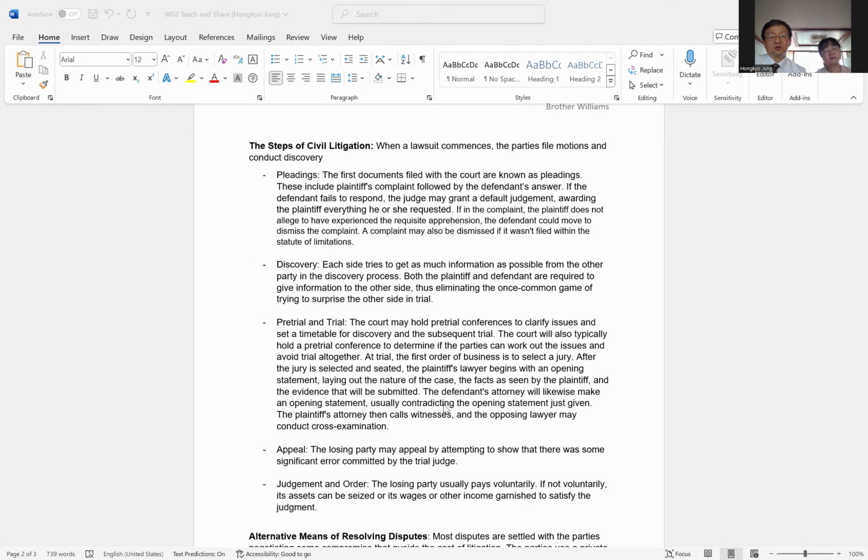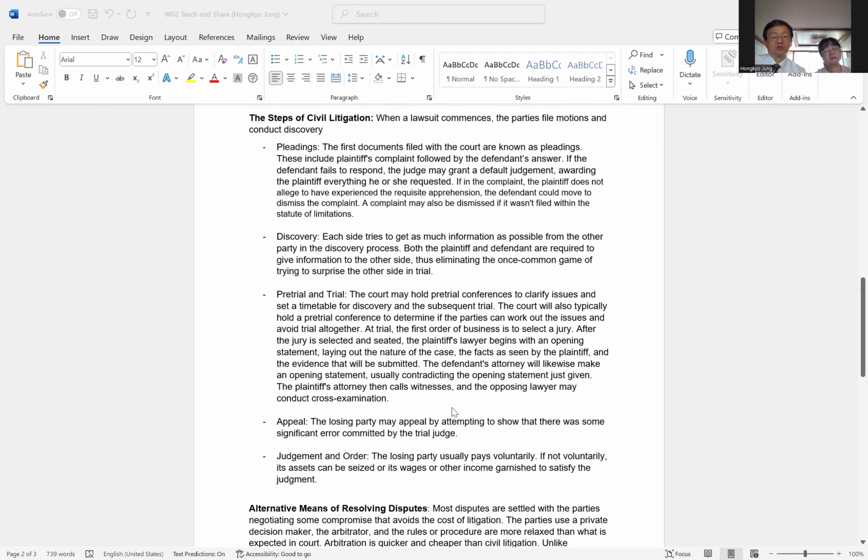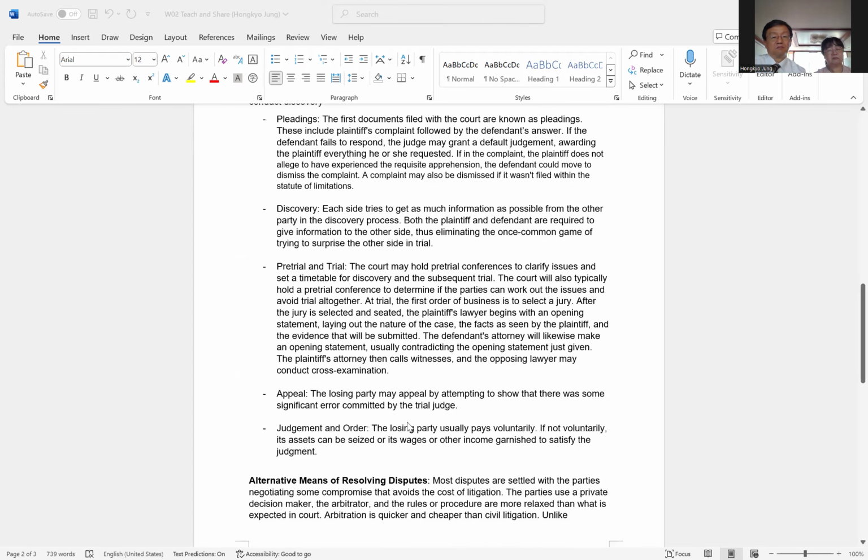The defendant's attorney will likewise make an opening statement, usually contradicting the opening statement made by the plaintiff's lawyer. The plaintiff's attorney then calls witnesses, and the opposing lawyer may conduct cross examination.